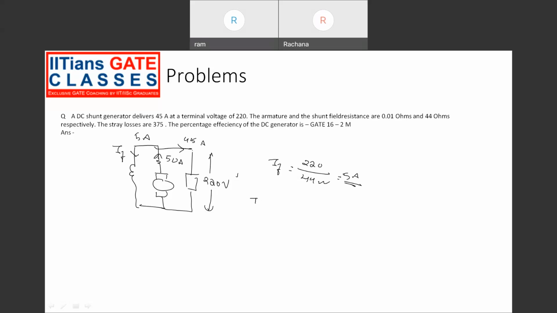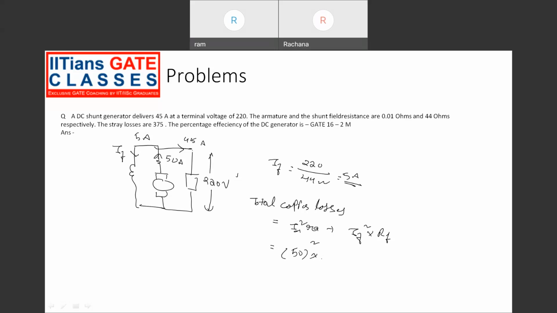The total copper losses can be given by IA square RA plus the field copper losses also, IF square into R field. IA square, the armature current is 50 square.